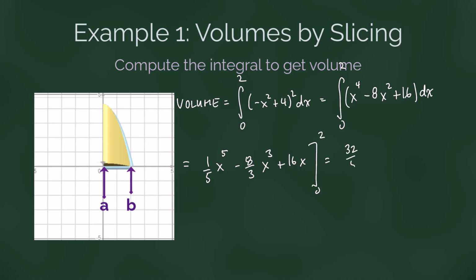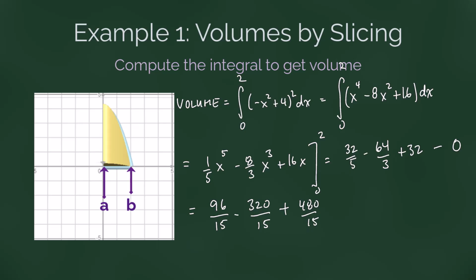2. Plugging in 2, we get 32/5 minus 64/3 plus 32. Plugging in 0, we get 0. Getting ourselves a common denominator, we get 96 over 15 minus 320 over 15 plus 480 over 15.